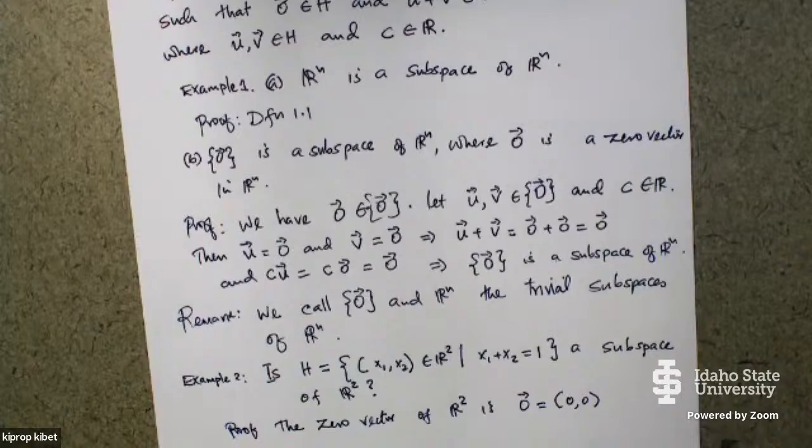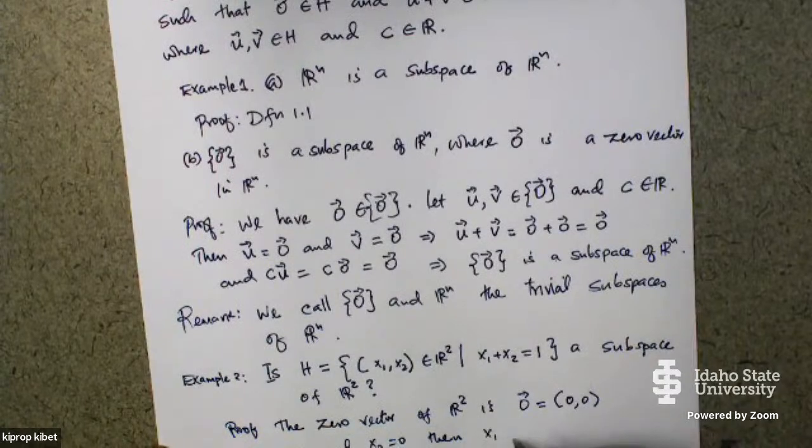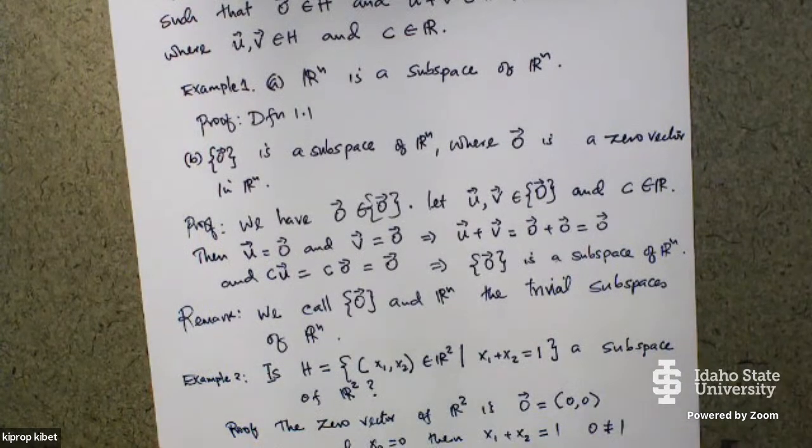So since x1 equals 0 and x2 equals 0, then x1 plus x2 is 0, and 0 is not equal to 1.